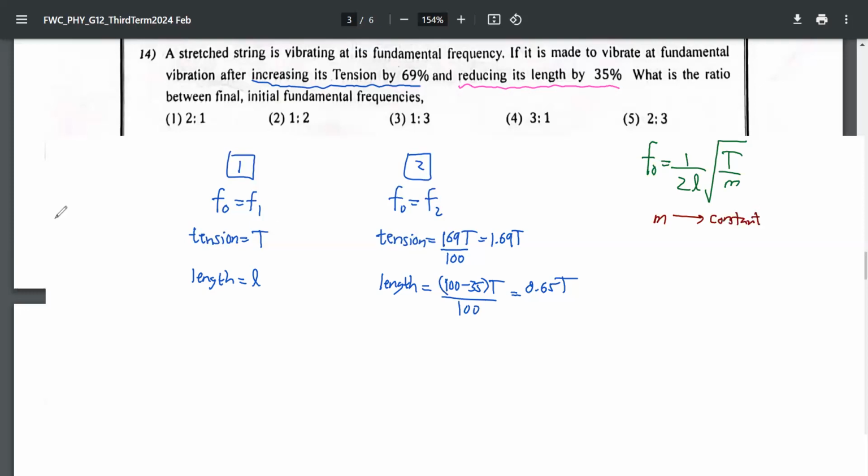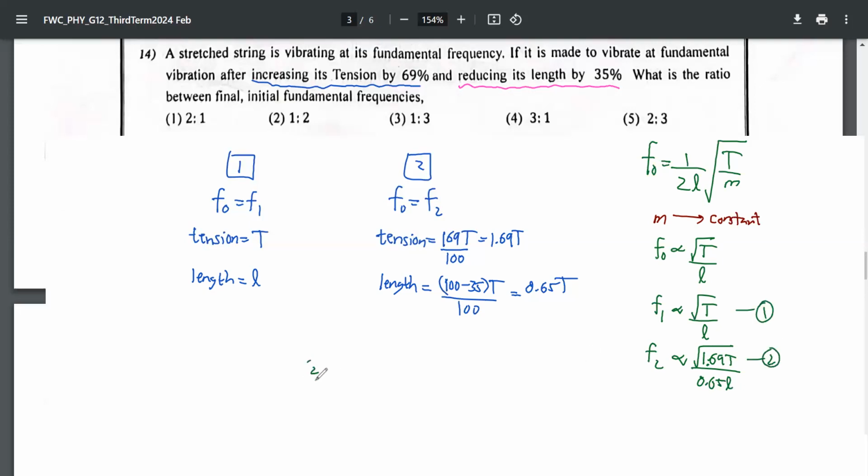Therefore, F naught is proportional to root of T over L. L is not inside the root, careful. F1 is proportional to root of T over L itself. F2 is proportional to root of 1.69 T divided by 0.65 L.